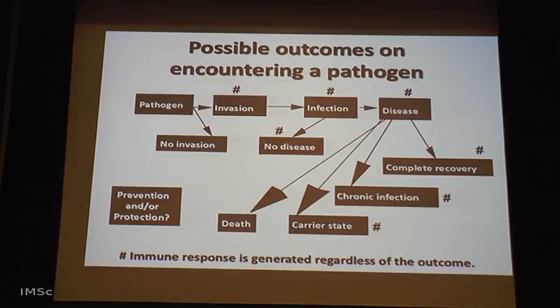For example, I can quote numbers for Japanese encephalitis virus: there are 250 infections at least before one patient comes and complains. So the ratio of subclinical infection to disease is 250:1.